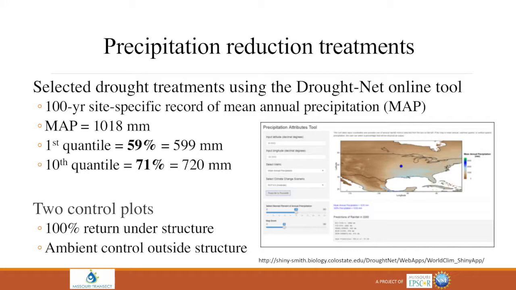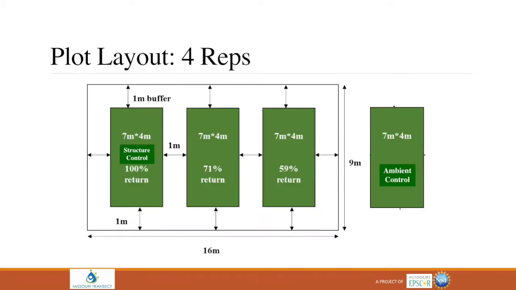There are two controls, meaning 100%, no reduction: one located under a structure, one an ambient control outside of the structure. Under each structure, we have 3 plots co-located. In each structure, we will randomize the locations. The ambient control will be outside.